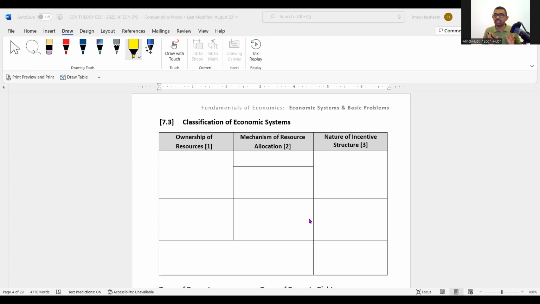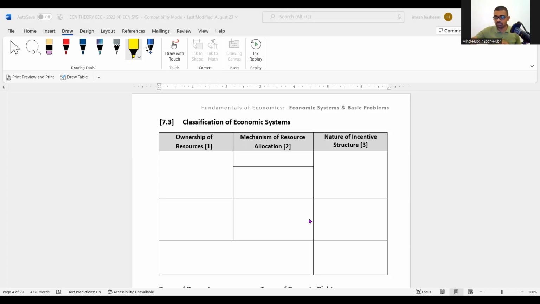But there are certain words we use. If resource ownership, meaning property resources, are mainly owned and controlled by the private sector, what kind of an economic system are we talking about?